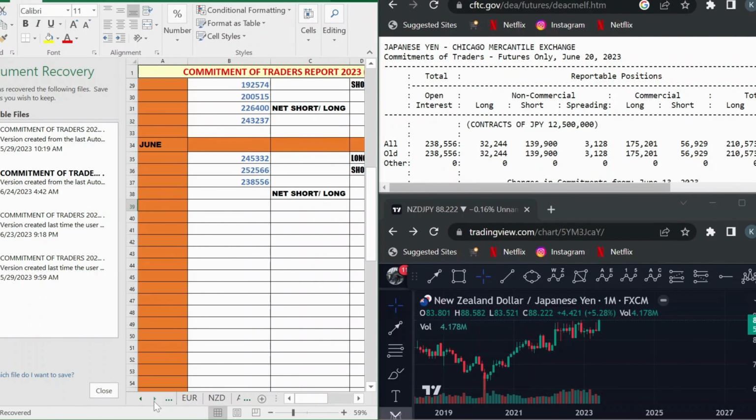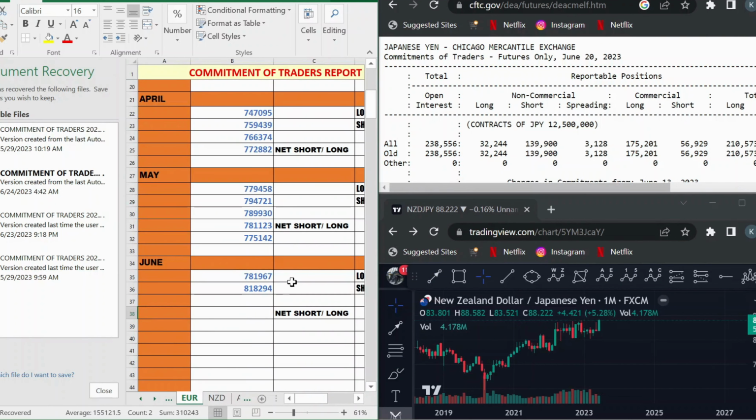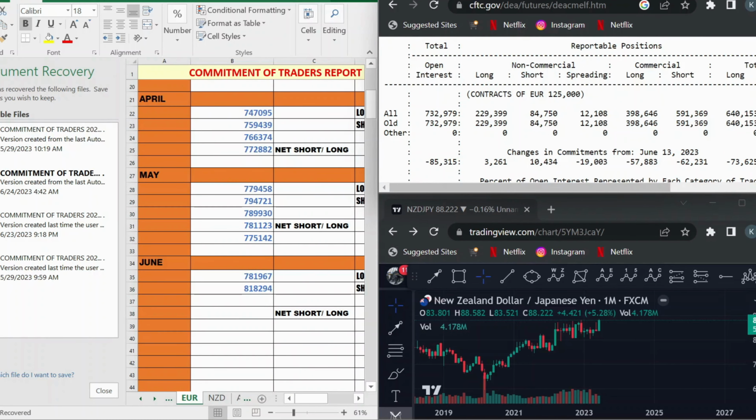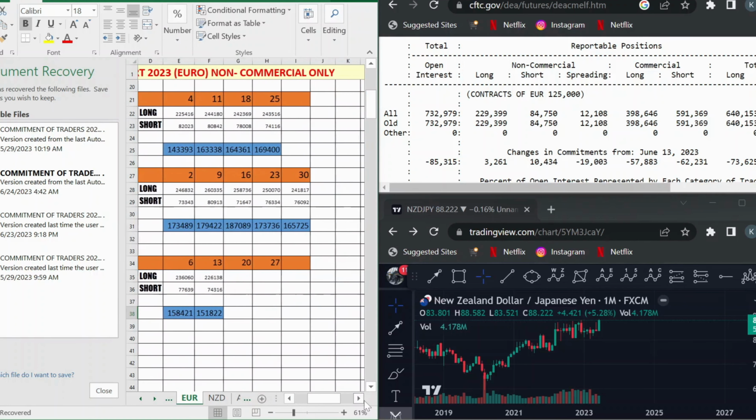So for euro, the open interest is 732,979. So the average, not much change in the volume. The longs are 229,399.